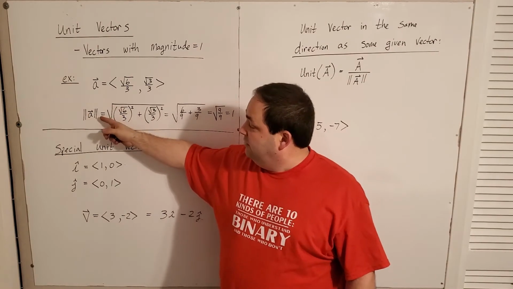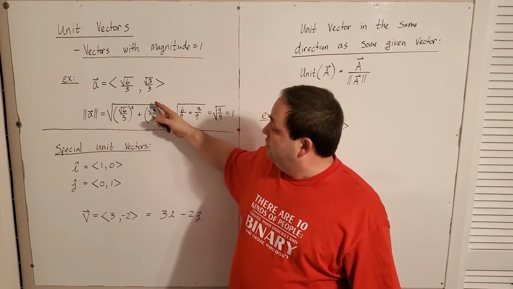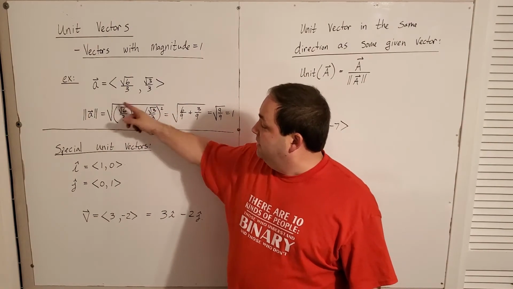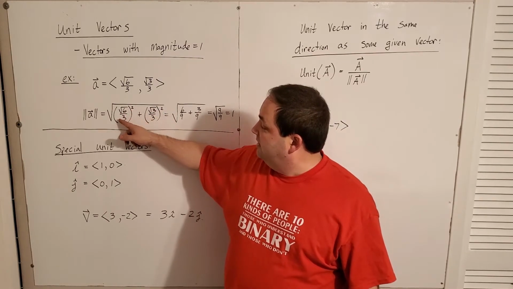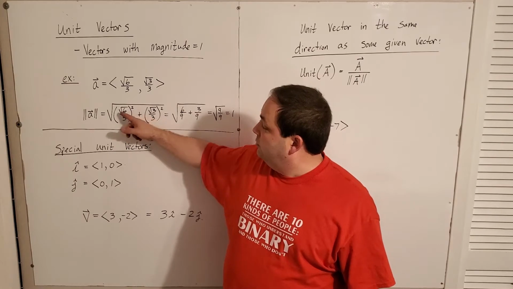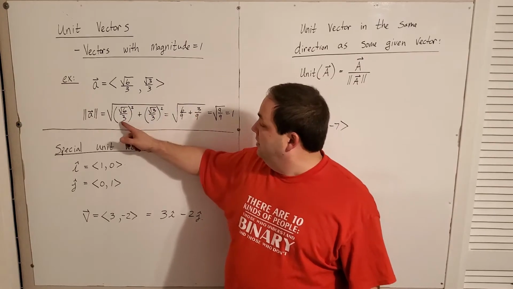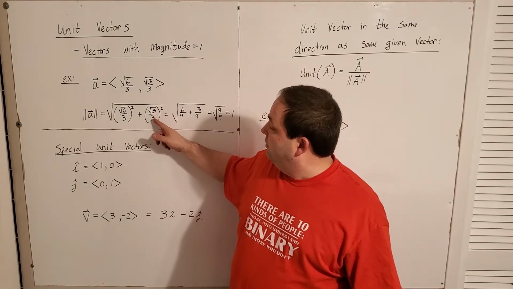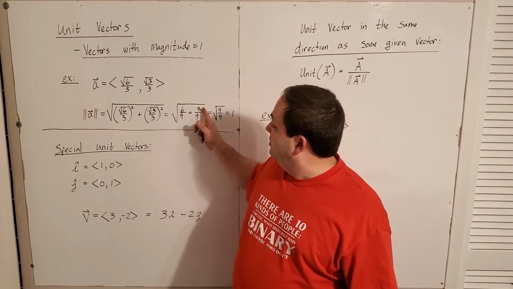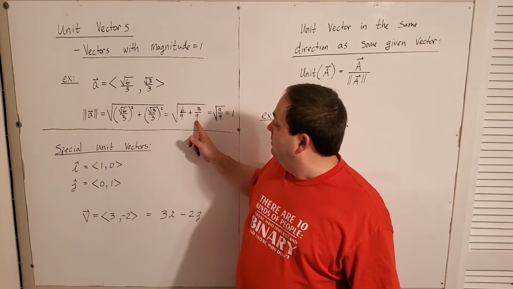If I do the magnitude of it, that means to square each of the components, add them, and square root. So the square root of 6 over 3: square root of 6 squared is 6, 3 squared is 9. And the square root of 3 over 3: square root of 3 squared is 3, and 3 squared is 9.